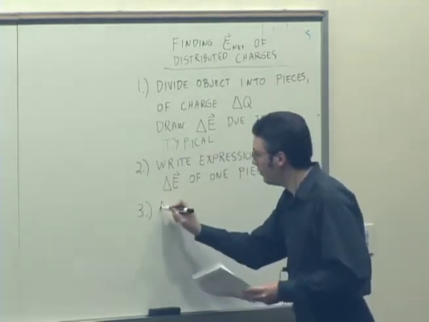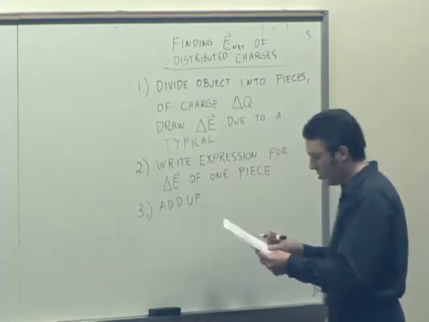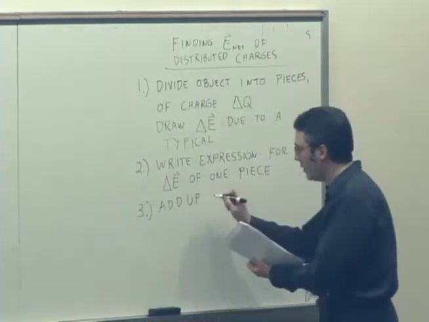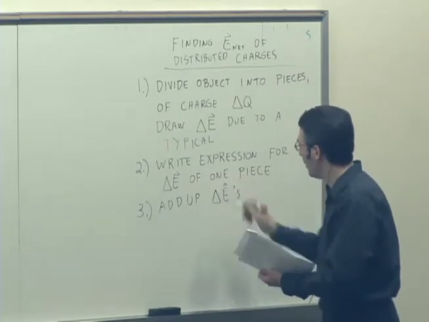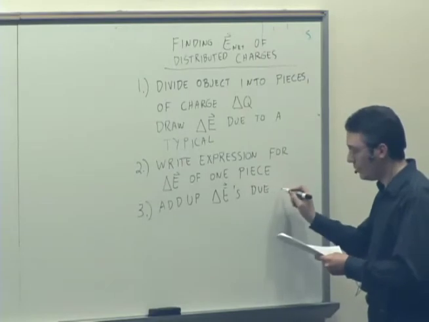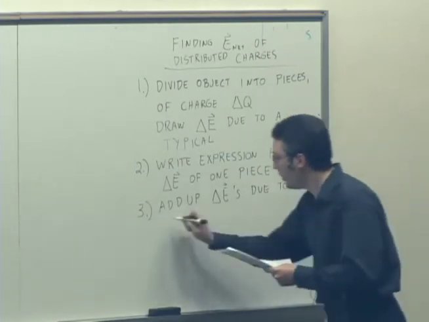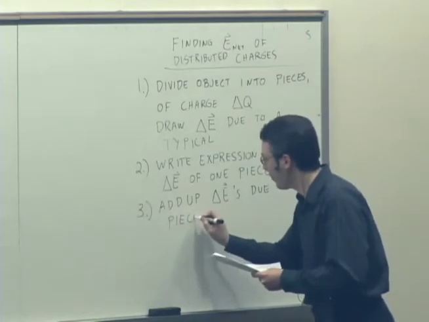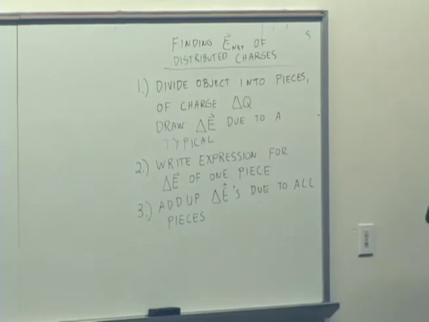Third is add up the delta E's, the electric field contributions due to all the pieces. And depending on what you're given, there may be a number of different ways of doing this.